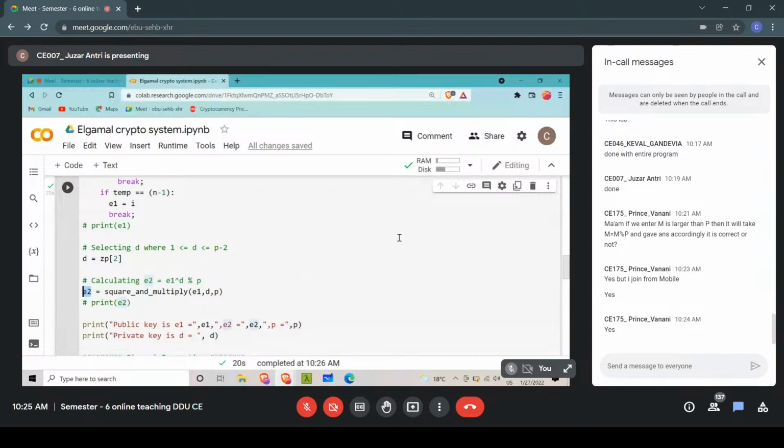Non-prime. No, enter the large prime number. You are taking a large prime number. Change that number. Instead of 115, you can take some other number.